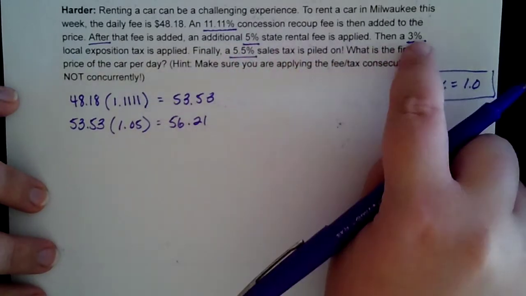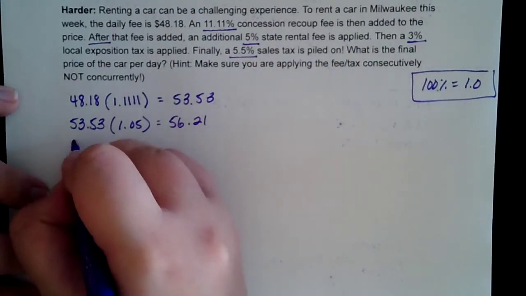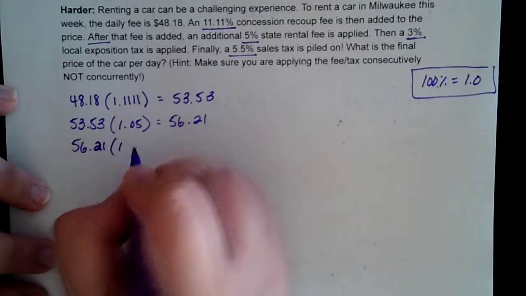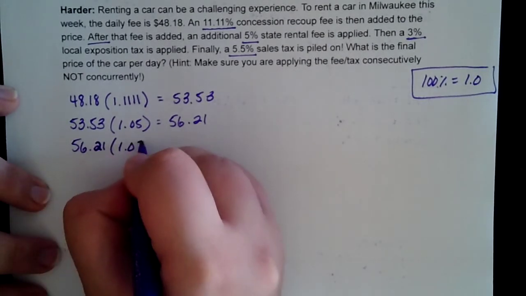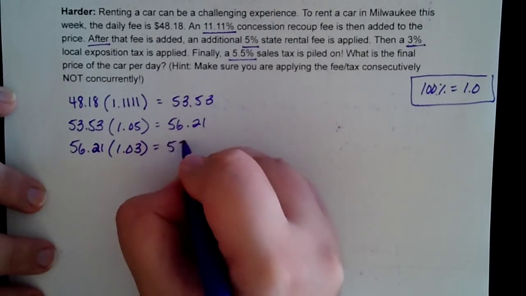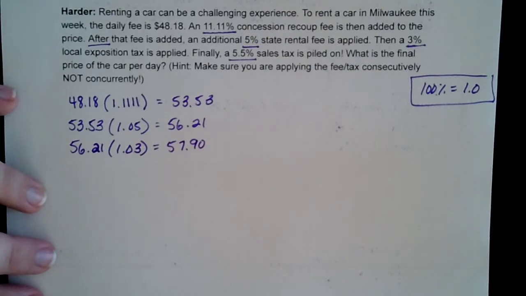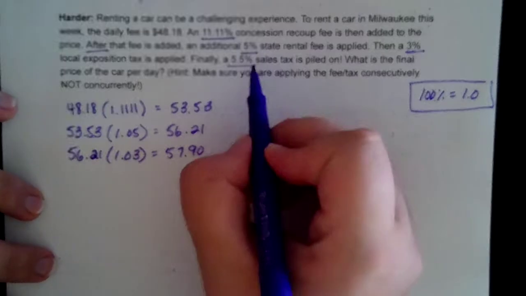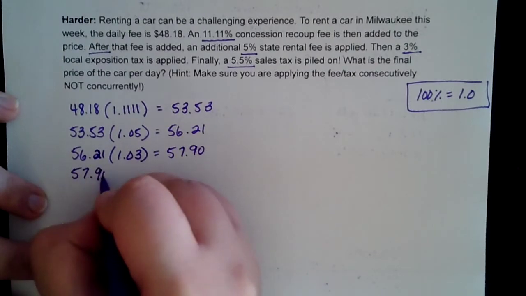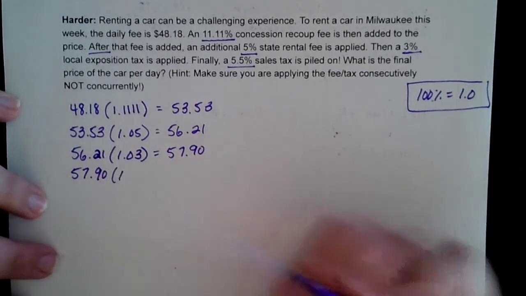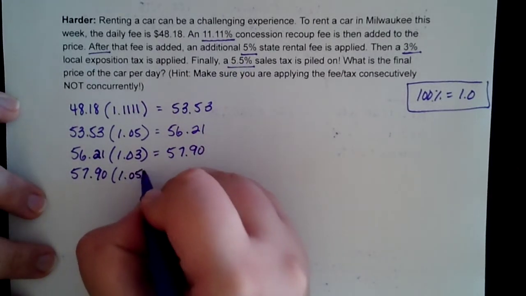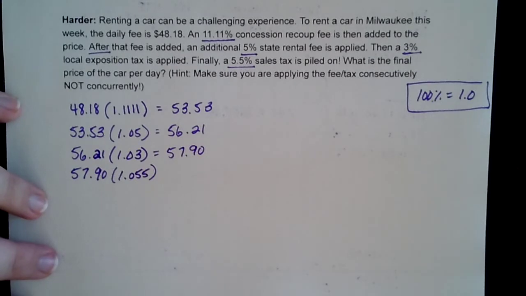I did the 5%. Now we have to do that 3%. Same thing. I'm paying 100% of that total plus 3% of it. Calculate that to be $57.90. And then finally, we have that 5.5%. I'm paying 100% of that total plus the 0.055 tax.